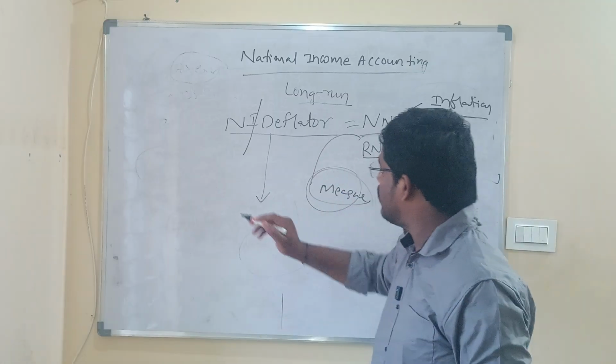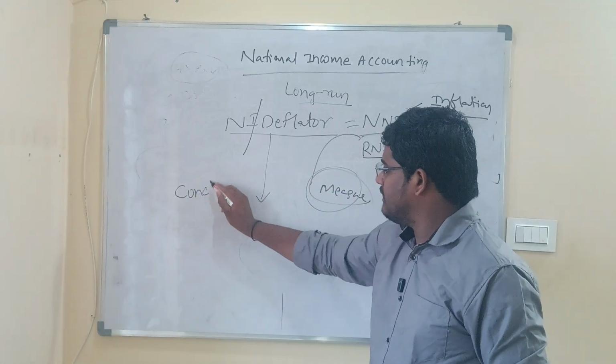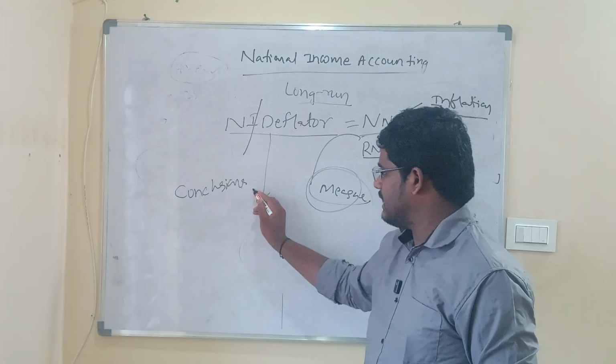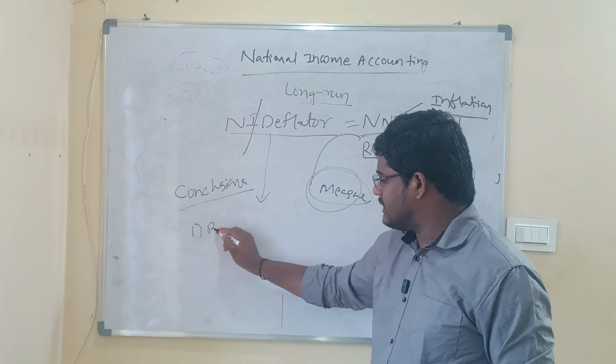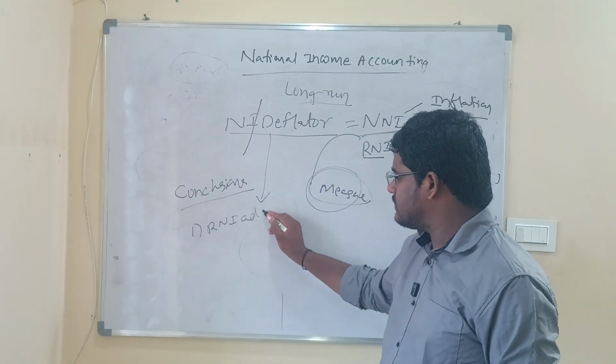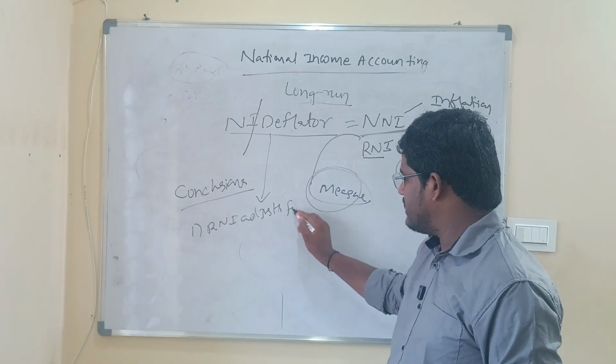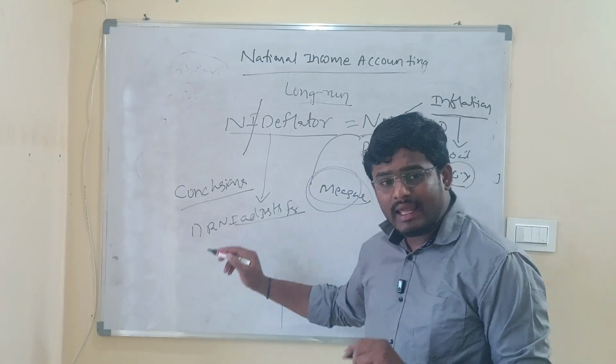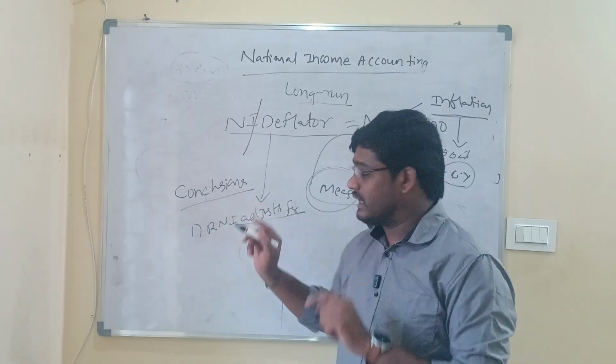Now I am going to conclude. The conclusions that we can draw from our discussions are that real national income adjusts for inflation, which means real national income deducts inflation.